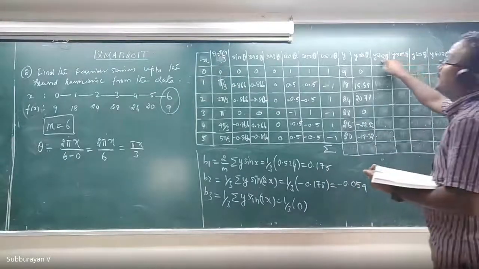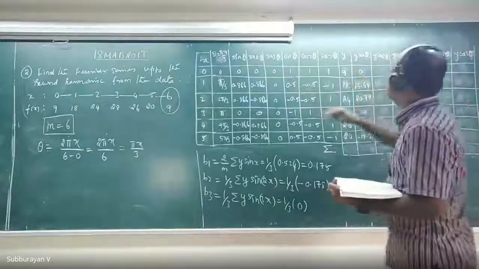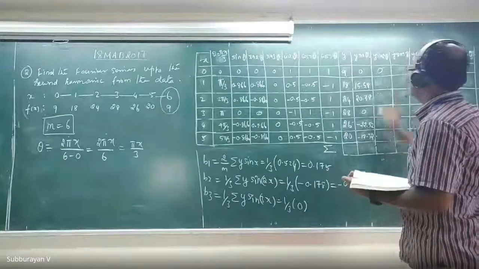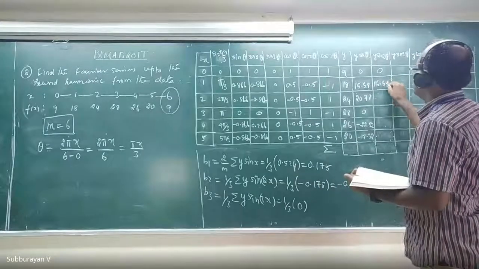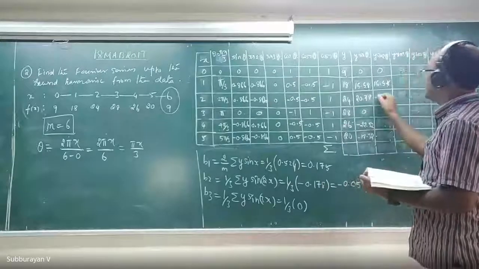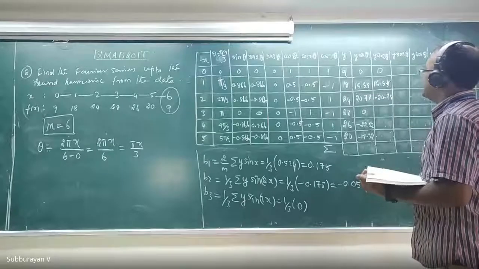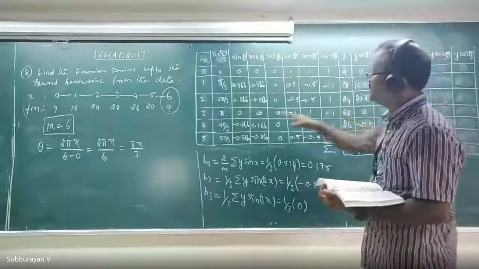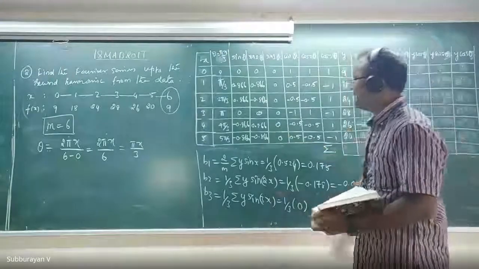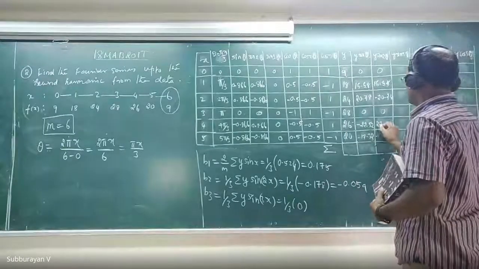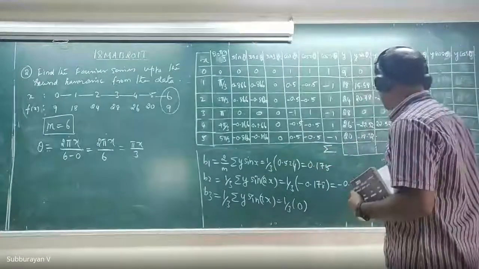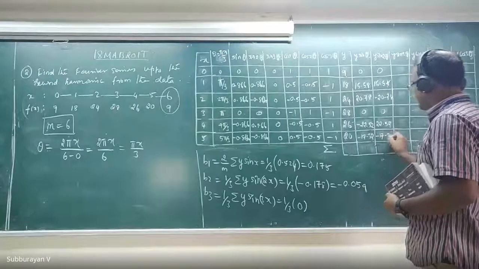Now y sine 2 theta. Y is 9, sine 2 theta is 0, so this is 0. Y is 18 and this is 0.866, therefore 15.58. 24 into minus 0.866, therefore minus 20.78. 28 into 0 is 0. 26 into 0.866 is 22.52, and 20 into minus 0.866 is minus 17.32.